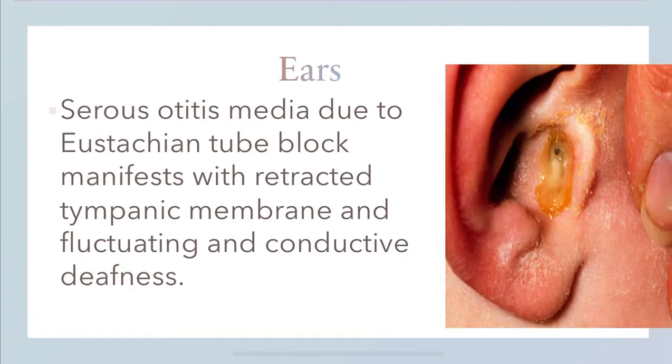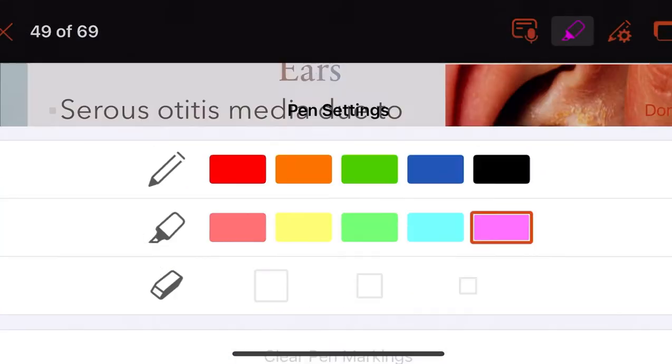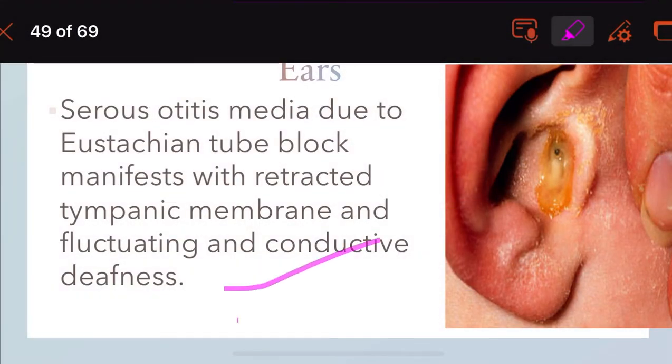In the ears, serous otitis media due to the eustachian tube block will manifest with the retracted tympanic membrane and fluctuating and conductive deafness. So guys, the eustachian tube is being blocked.